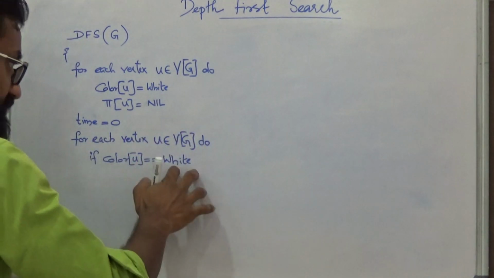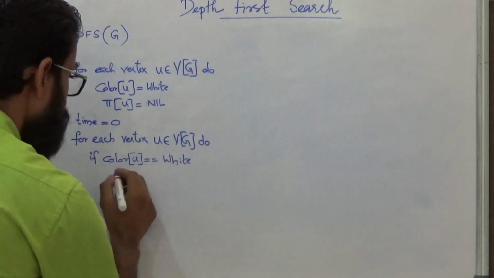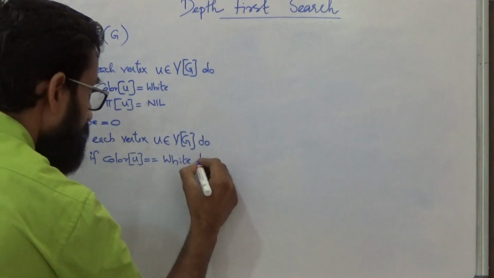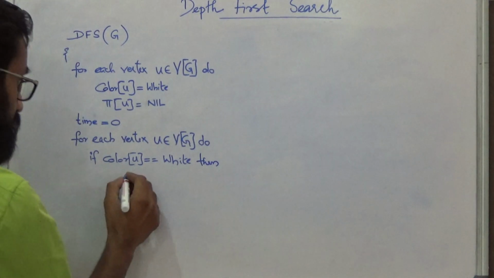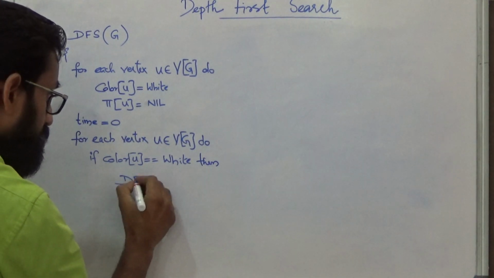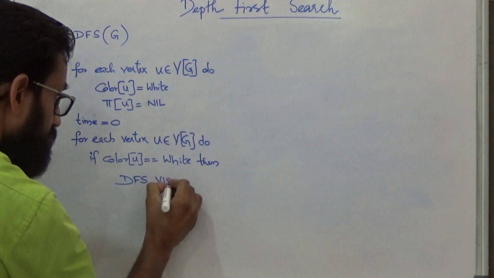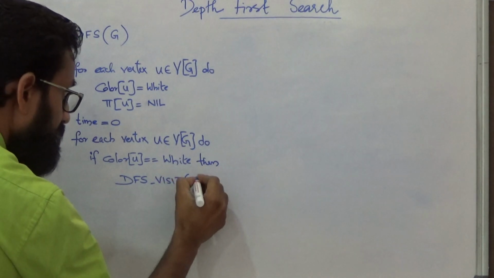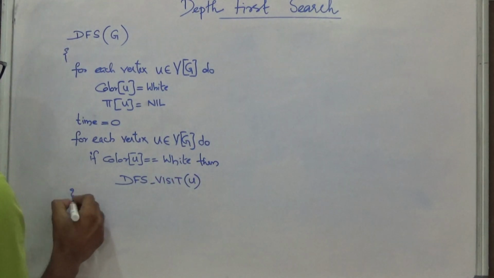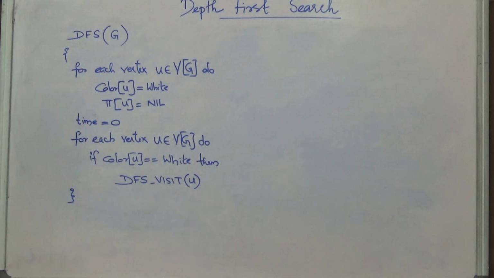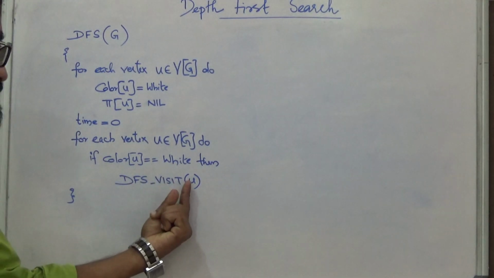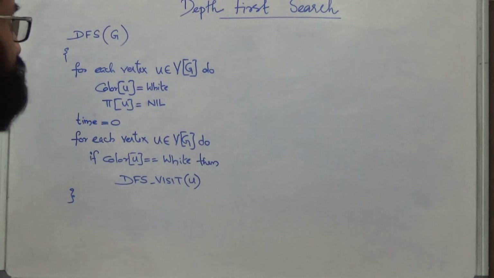If color is white, then call the DFS visit with respect to u. So this is the main procedure, and from that white vertex it will proceed DFS visit.